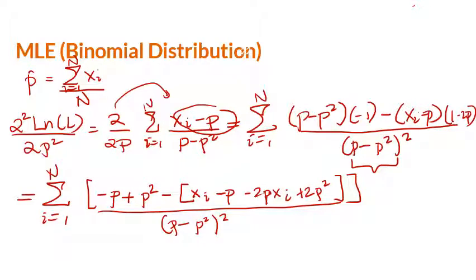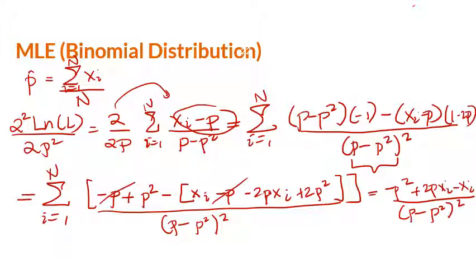Okay, so minus p minus p, so mawawala itong minus p na ito. p squared minus 2p squared, so that is equal to negative p squared. Minus 2p x_i, so magiging minus p squared plus 2p x sub i, tapos minus x sub i. So ito yung expression natin, over p minus p squared, squared.